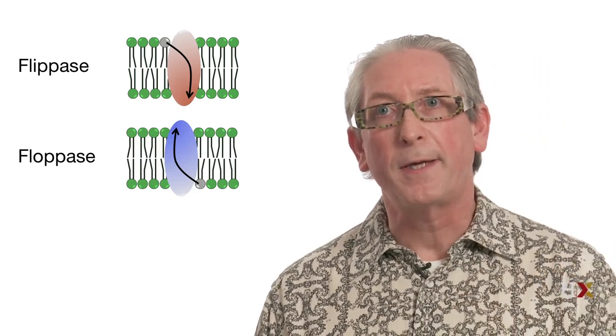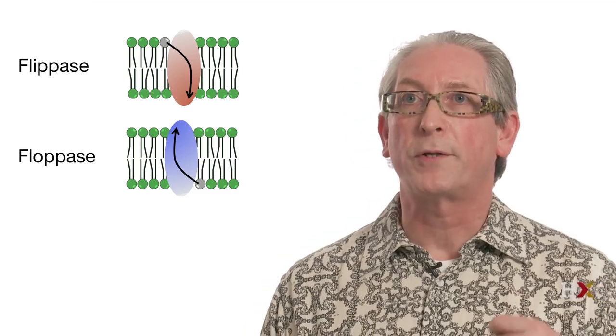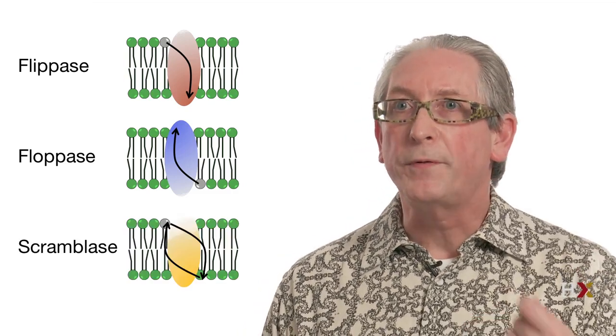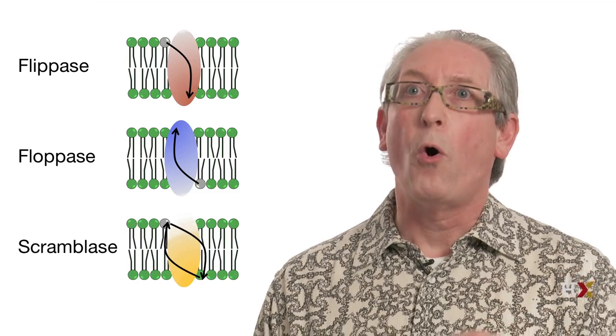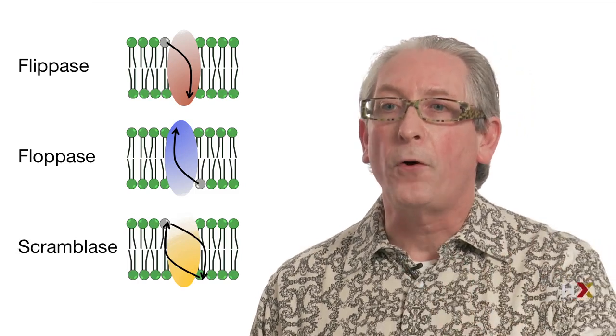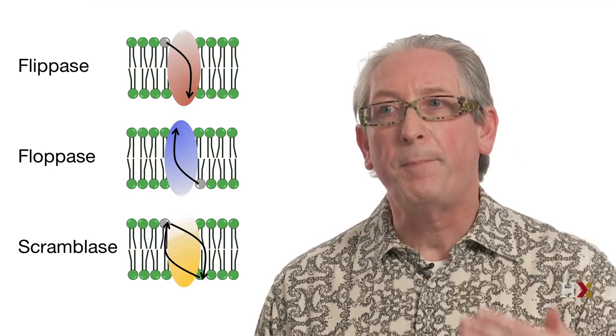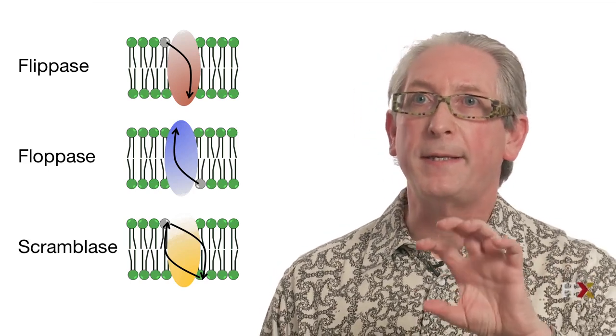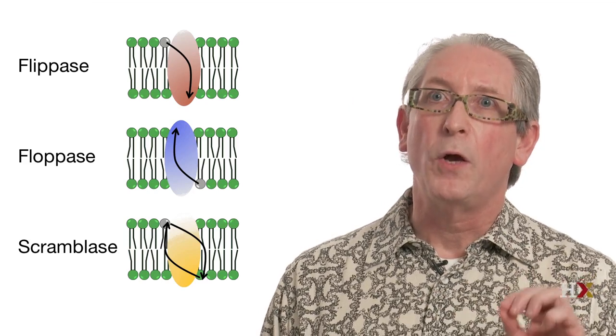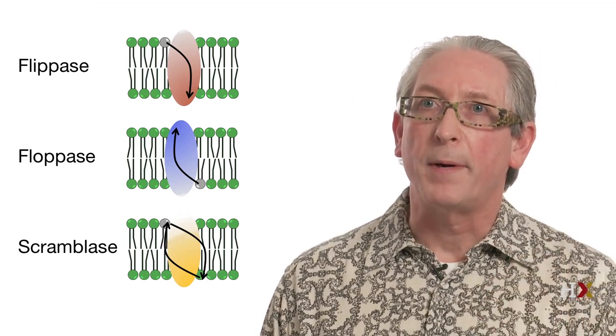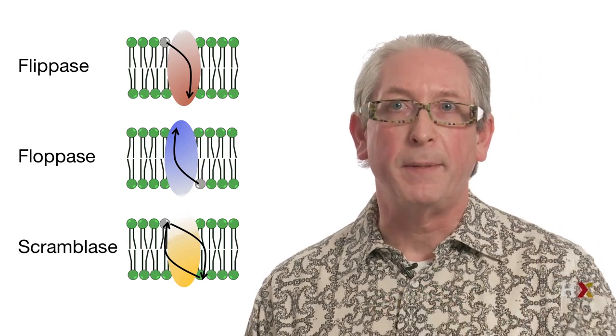And finally, the third type of protein is called a scramblase, and it moves lipid in both directions, always following their concentration gradient. So in a way, flippase and floppase maintain the lipid asymmetry, while scramblase will erase lipid asymmetry.